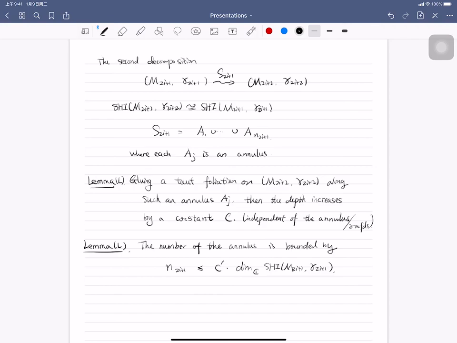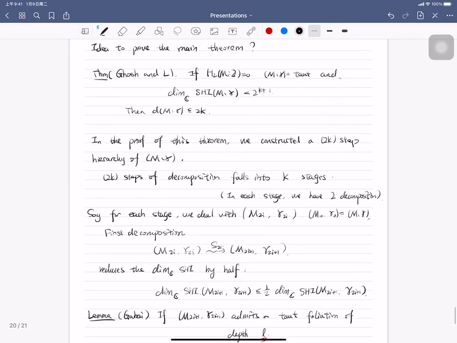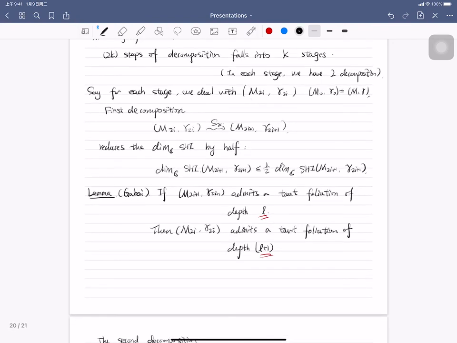All right, so let me go through this again. We have a decomposition of our M and gamma into a product sutured manifold by at most 2k steps. These 2k steps form k stages, and in each stage we have two decompositions.